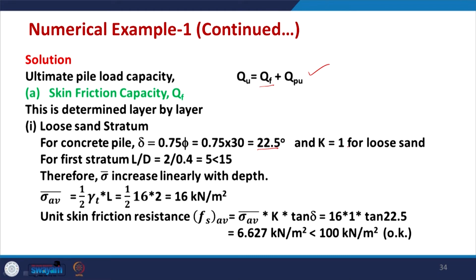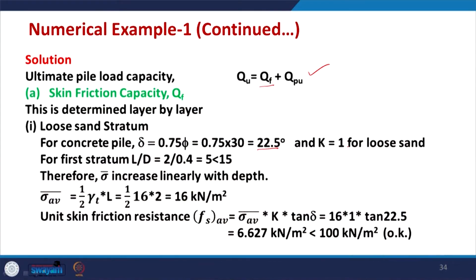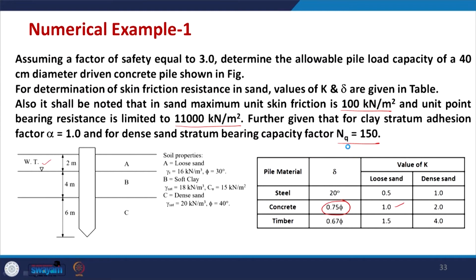Now, the thickness of the first stratum is only 2 meters, while the diameter of the pile is given in the question as 40 centimeters, which is equal to 0.4 meter.